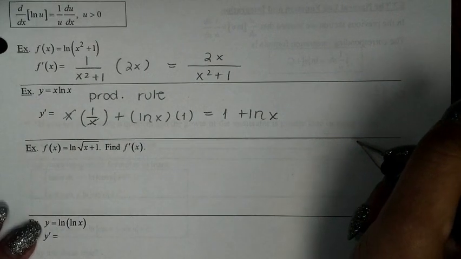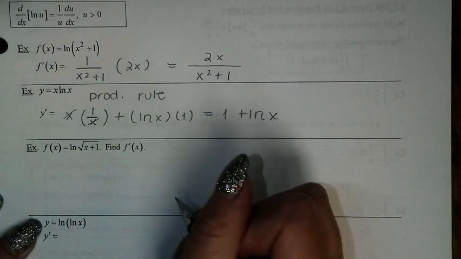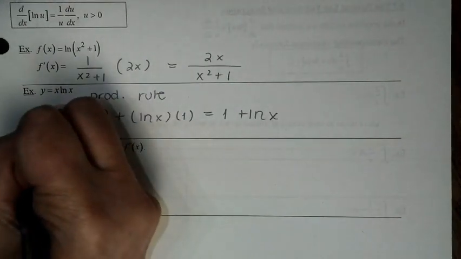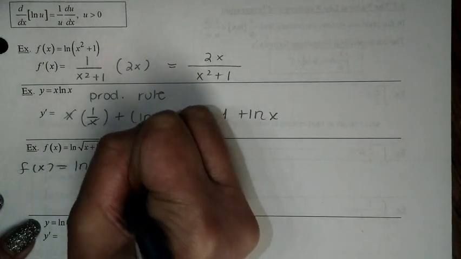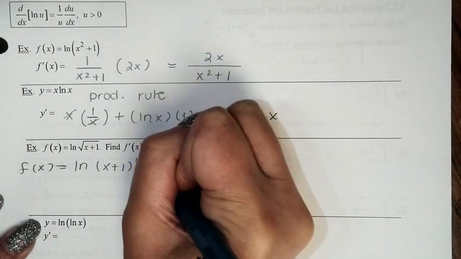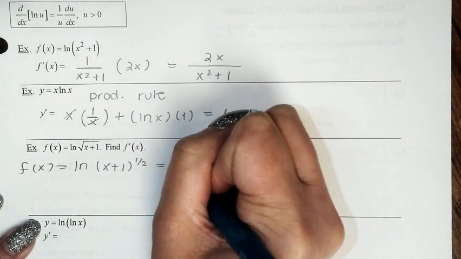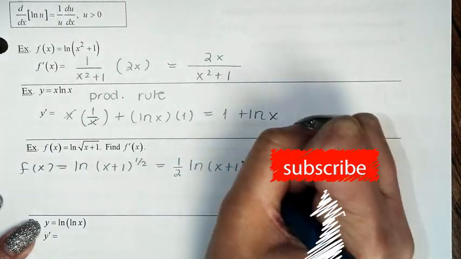The next one that we have could look a little bit more complicated, but try to make it easier. There are several ways to approach this problem, but this is how you can make it pretty simple. Do you agree that this is equal to this? And if I use the properties of logs, I know that this is going to be 1/2 natural log of (x + 1), right?